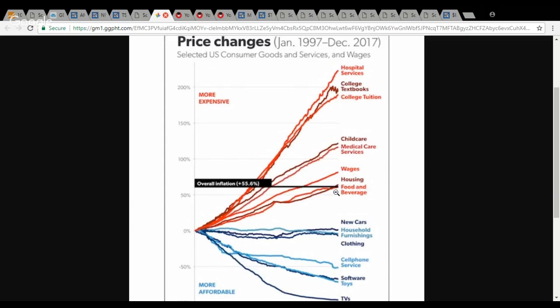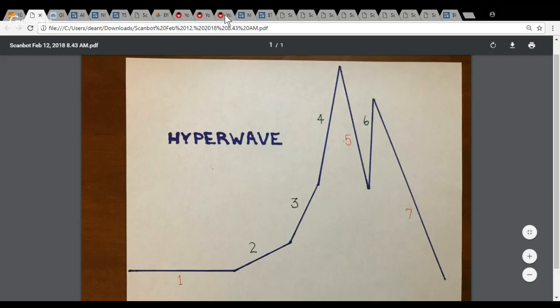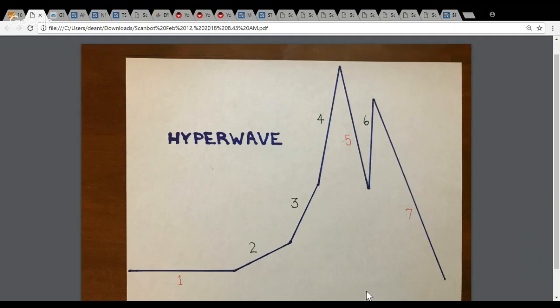So the average of anything, the average of this, which is a model of all the averages of hyperwaves that I've looked at, gives you a good sense of, if you throw a dart, what will probably happen. But you can and sometimes will find deviations away from the archetype.